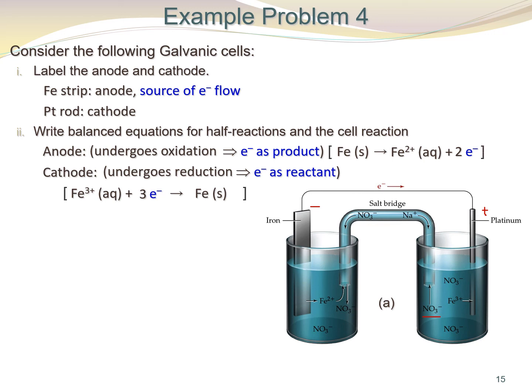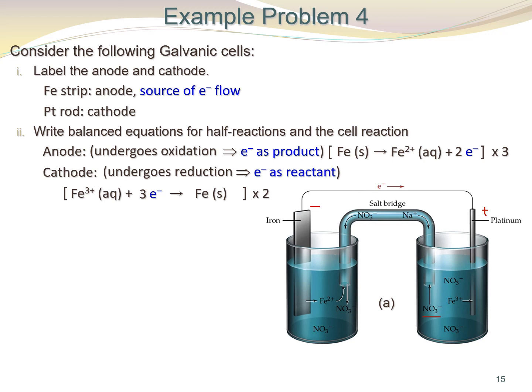And for the overall reaction, we understand that we have to multiply 3 on the first, 2 on the second, in order to have 6 electrons in either half reaction, and combine these 2 half reactions together.